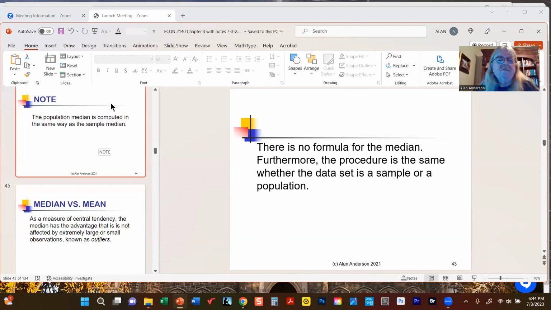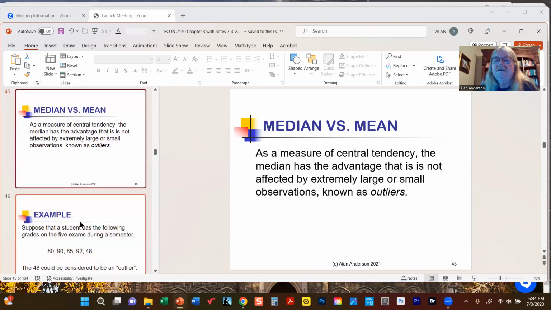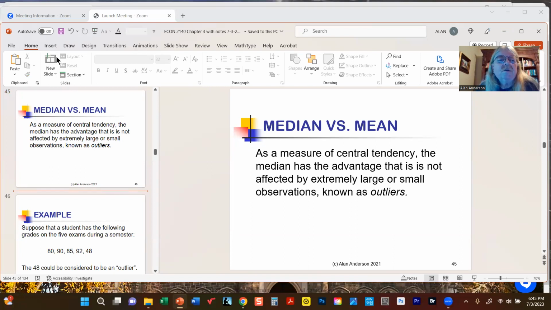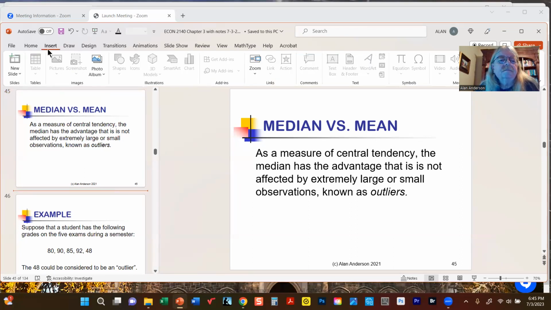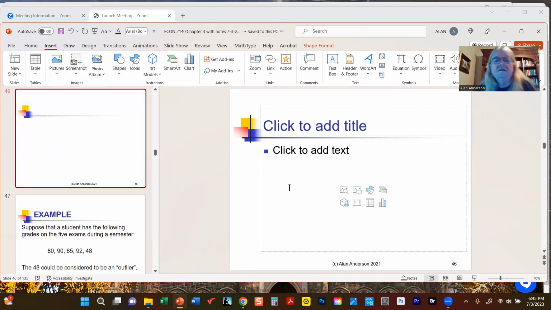So it turns out that the median is a better choice when our data contains something called an outlier. What exactly is an outlier? Well, you may already have a sense of what that means. But what this really refers to is this.